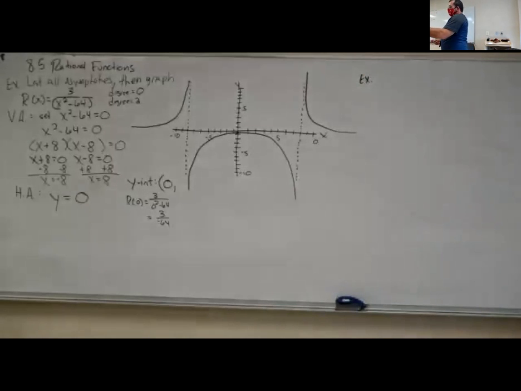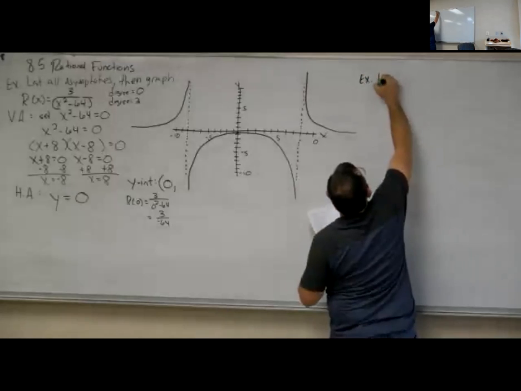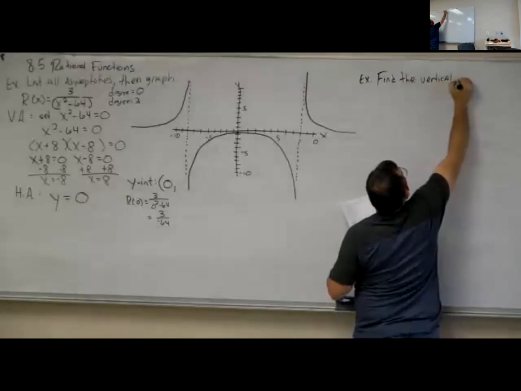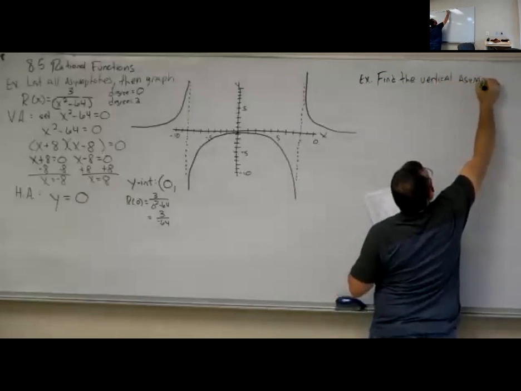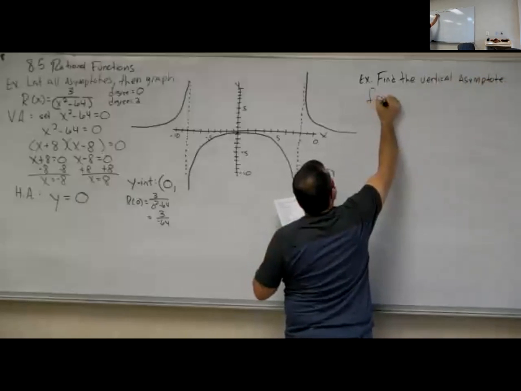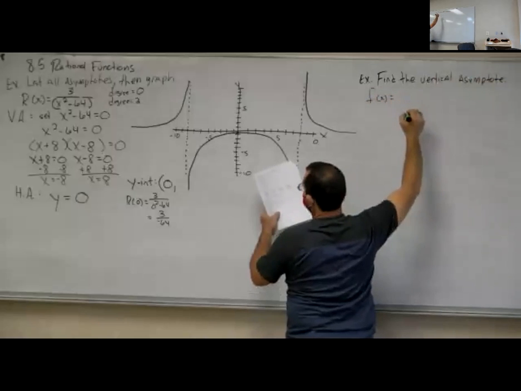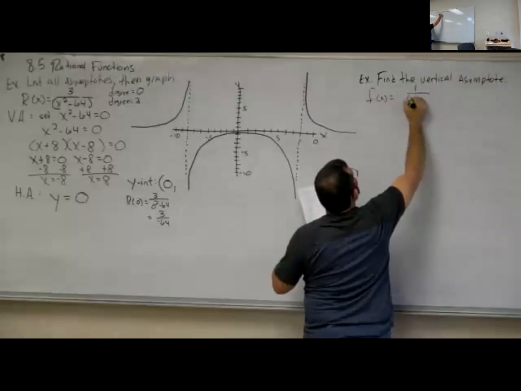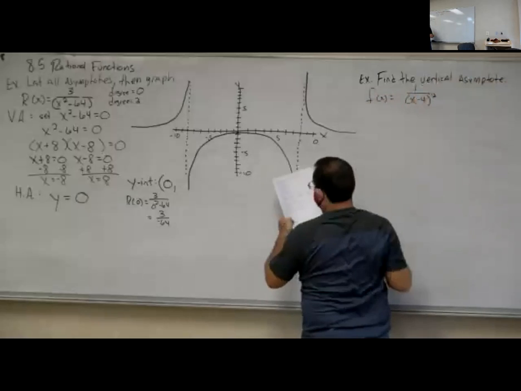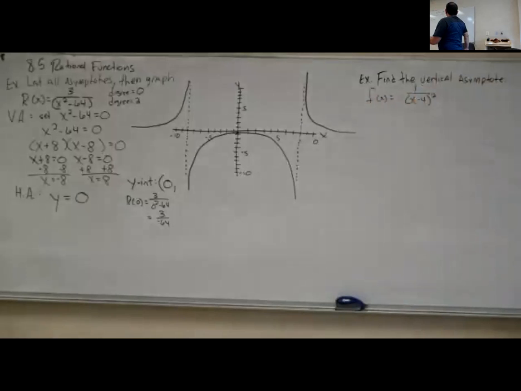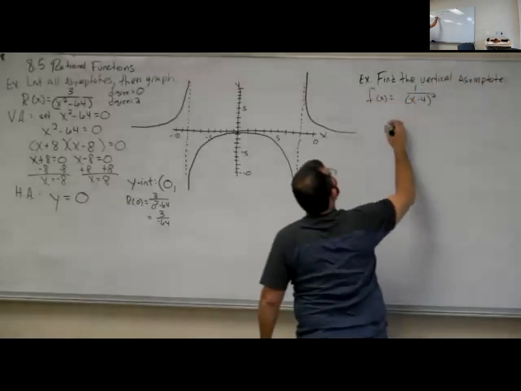All right, so then I'm gonna get into problems just wanting to find vertical asymptotes and horizontal asymptotes. So these ones we're gonna find the vertical asymptotes. All right, I got f of x equals 1 over (x minus 4) squared. So you're gonna set that bottom equal to 0.